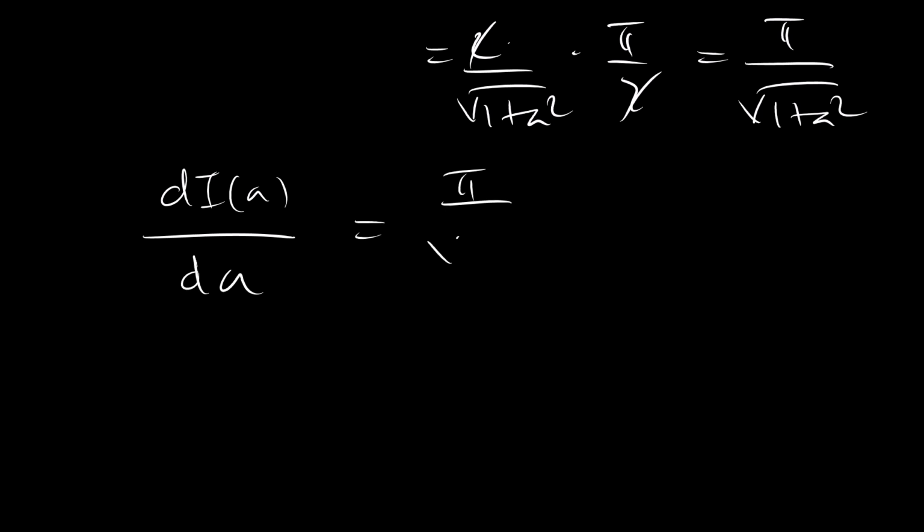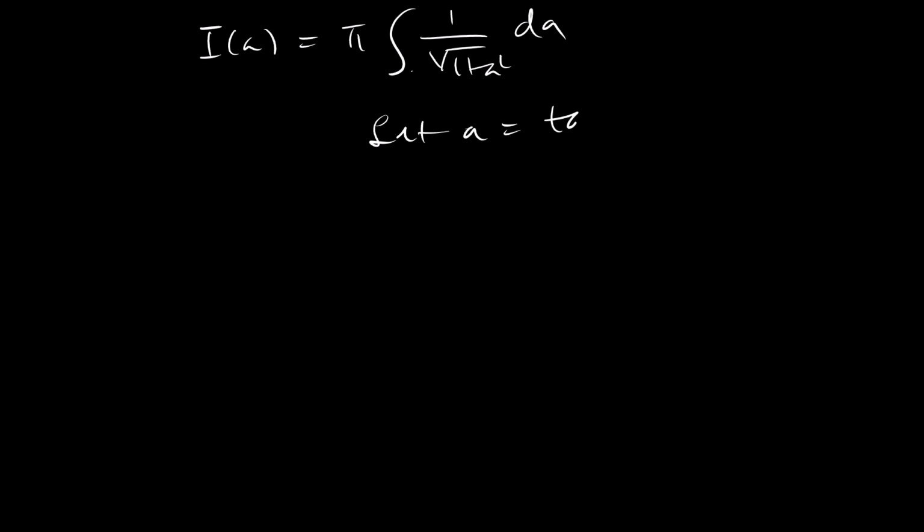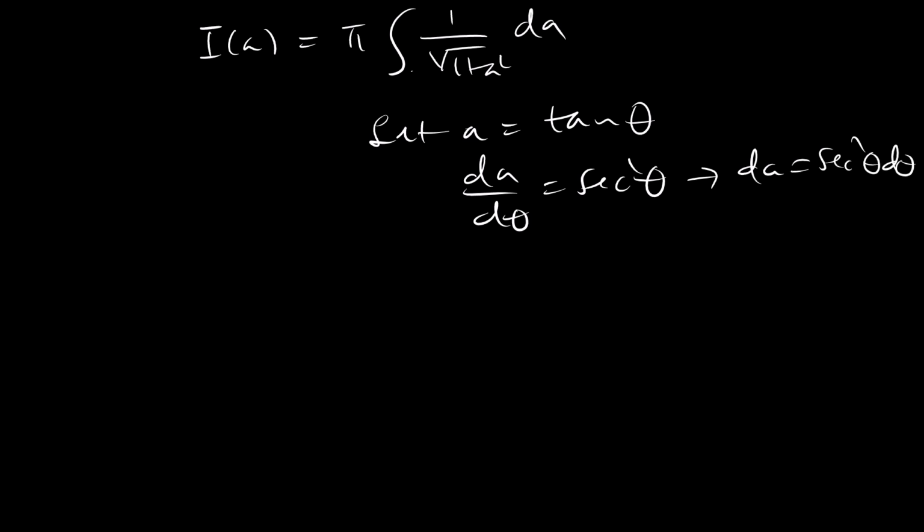So since I prime of a is equal to that, and since I prime of a is equal to pi over the square root of 1 plus a squared, we take the indefinite integral of 1 over the square root of 1 plus a squared. We say let a be equal to tangent of theta, da/d theta is equal to sec squared theta, and therefore da is equal to sec squared theta d theta.